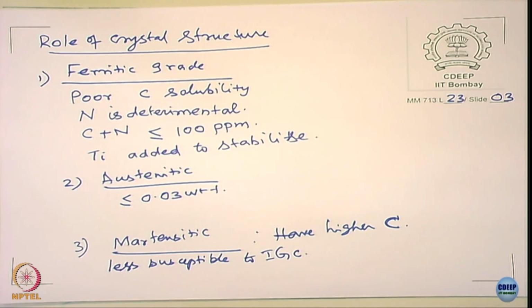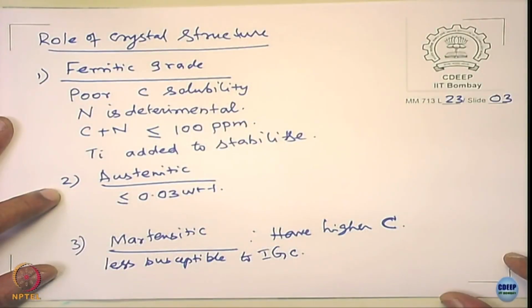In fact, the martensitic stainless steel also forms carbides actually. Without that you can't temper it, right? So when you go to temper it, they form carbides. It can form chromium carbide, it can form iron carbide, but preferentially it forms chromium carbide because the chromium carbide is more stable as compared to the iron carbide. But even then I say it is less susceptible to IGC as compared to austenitic grade.